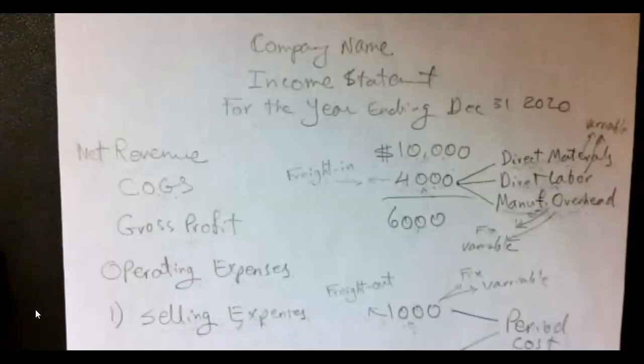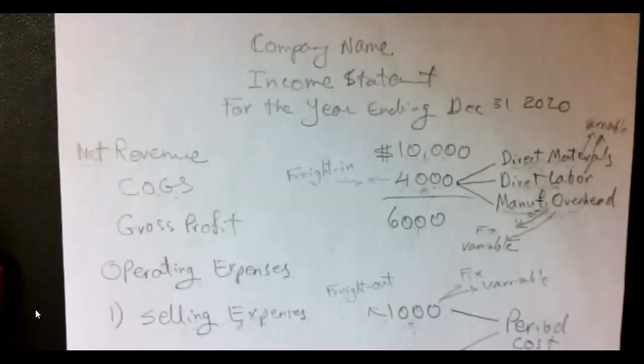So far, so good. Now, focus on this, please. You might have heard this. You said freight in. What is freight in? Freight in is the cost of shipping that you pay in order to buy direct material, right? So when you buy direct material, the cost of shipping is freight in if you pay for it.